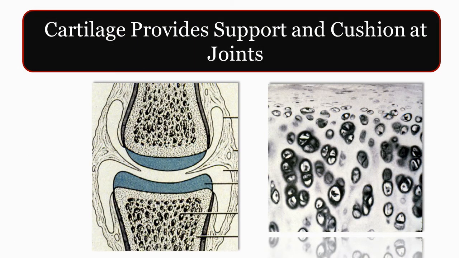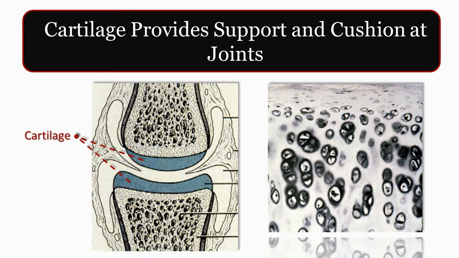Another function of cartilage is to provide support of bones in joints. The slick surface of cartilage allows it to slide across one another while bearing weight. If you look at the joints where two bones are touching one another, cartilage covers the bone to prevent one bone from contact with the other bone in the joint.